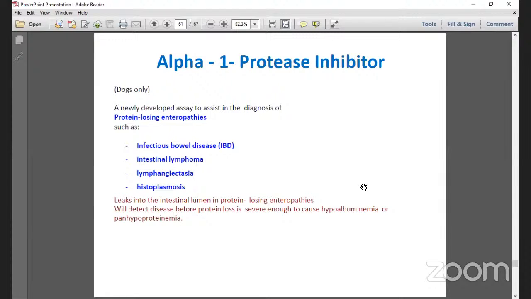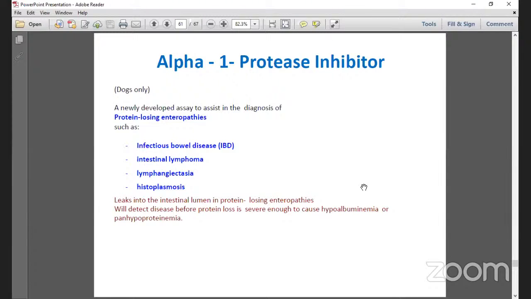intestine, lymphangiectasia, and also histoplasmosis. Why can we rely on the alpha-1 protease inhibitor? Because this type of protein is resistant to intestinal bacterial degradation.